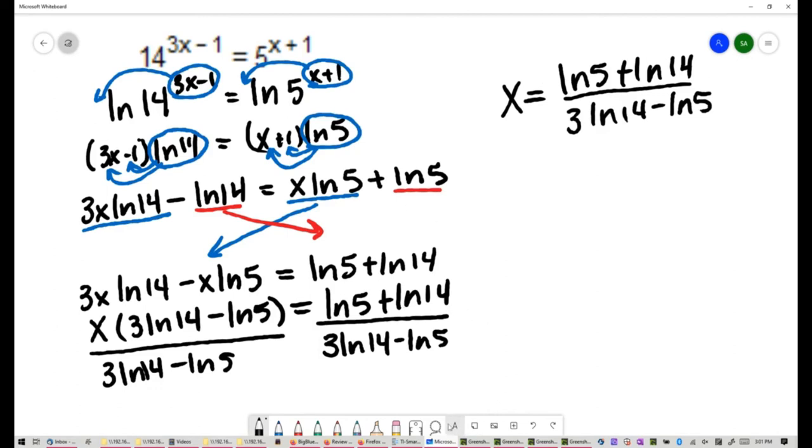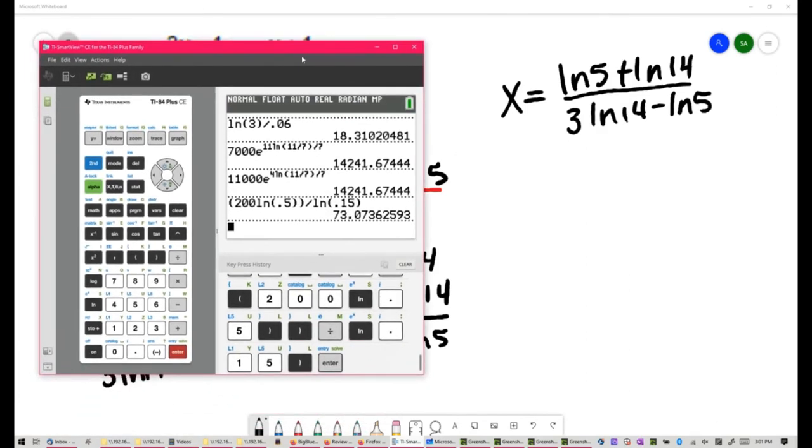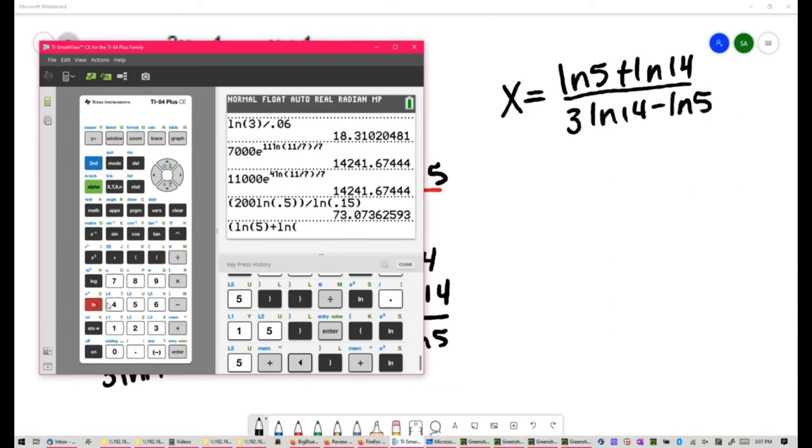And just like other problems that we've done here, if we have multiple terms in the numerator or denominator, we need to put parentheses around them. So we'll do parentheses around the numerator, natural log of 5. I need to close parentheses. That's something I forget a lot. I'm going to close parenthesis on that natural log, plus natural log of 14, and close parenthesis for that log, and also close parenthesis for the whole numerator.